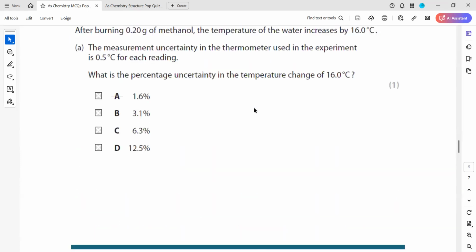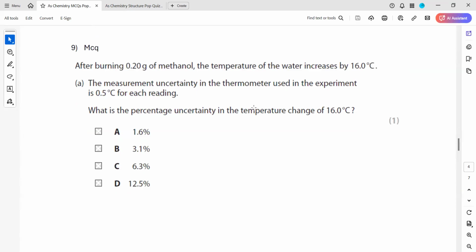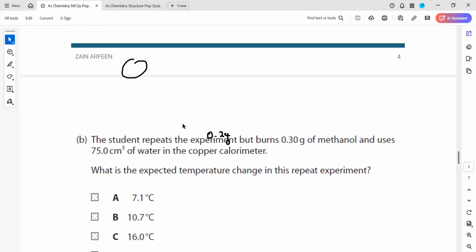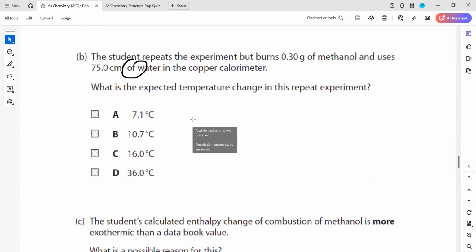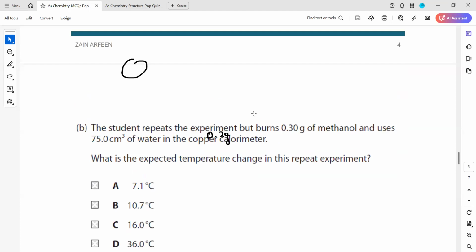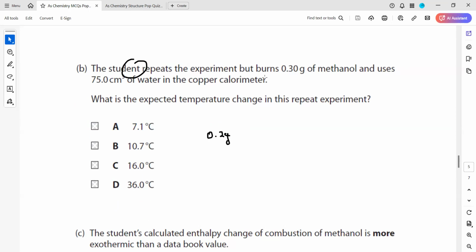Remember, look, if we double the mass, like we doubled it when 0.2 grams was burned, and the volume which was used. So what is the expected temperature change if we repeat the experiment?